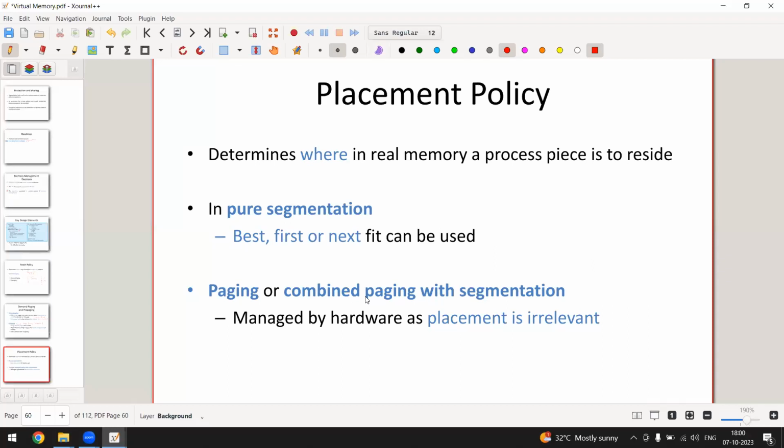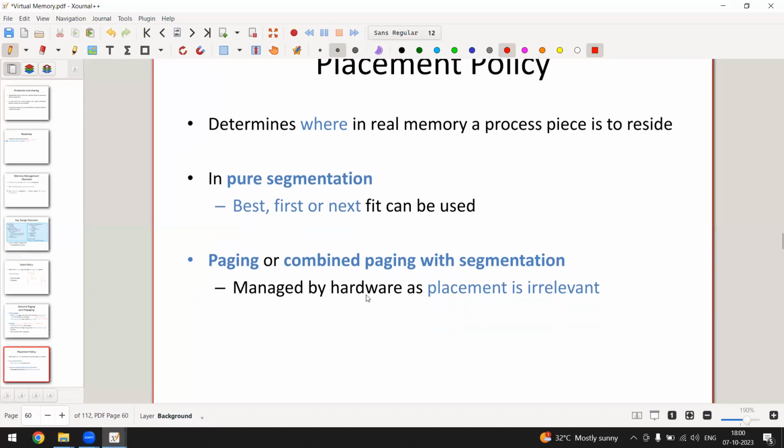So this placement policy is basically the allocation of your pages to the memory, right? That is your placement policy. If you are using paging or combined paging and segmentation, then this is managed by hardware and placement is irrelevant. Why? Because in paging there is a fixed size of pages and similar size page frames.